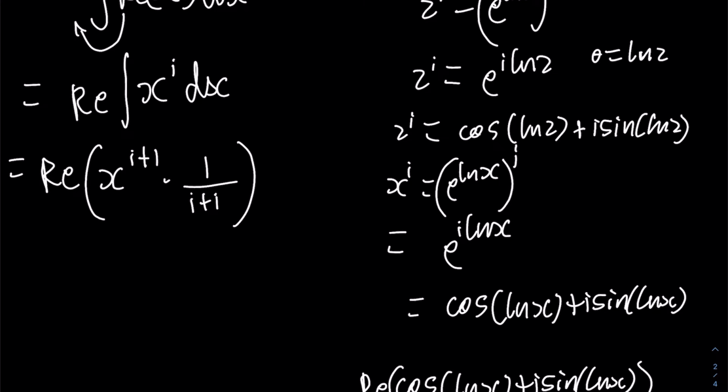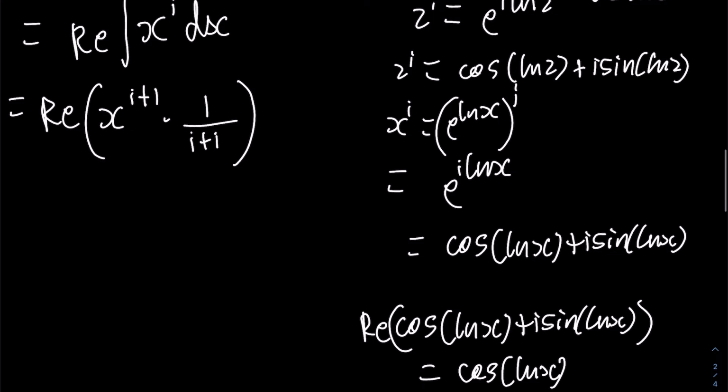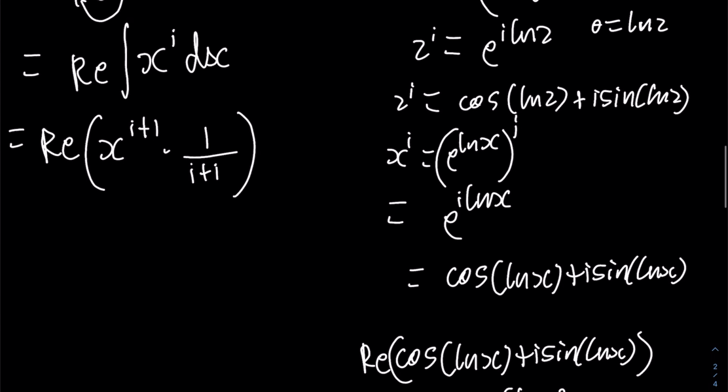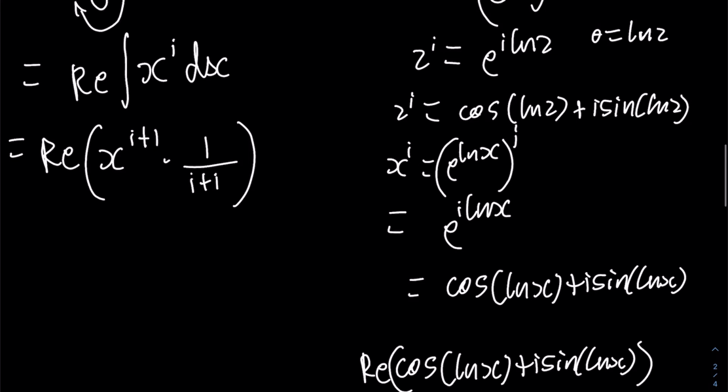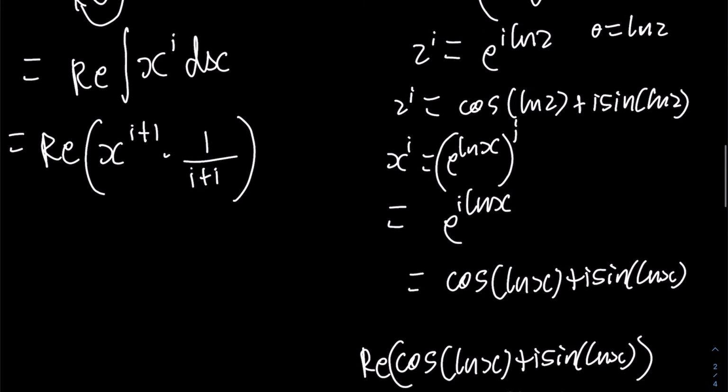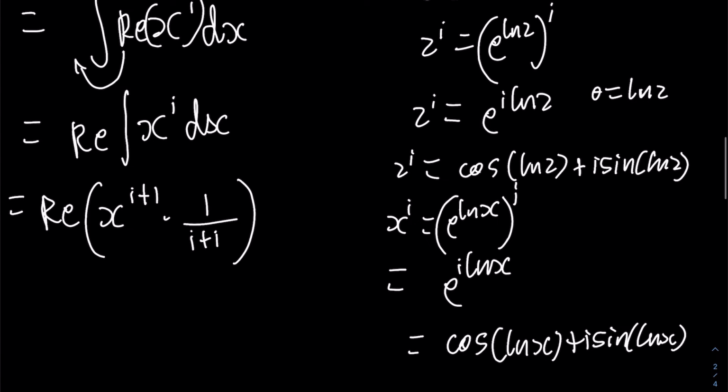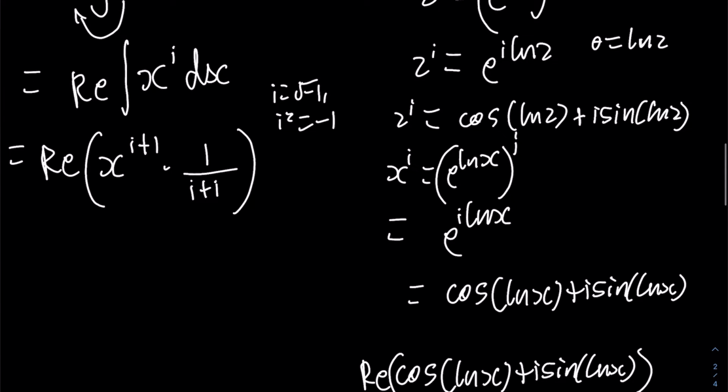So how do we work with this? Taking the real part of this is not so clear, because it seems like we have complex parts in both terms. What we can do here is use the property that i is the square root of -1, so therefore i squared is -1. If we multiply this expression by the conjugate, then we should end up with something a lot simpler.